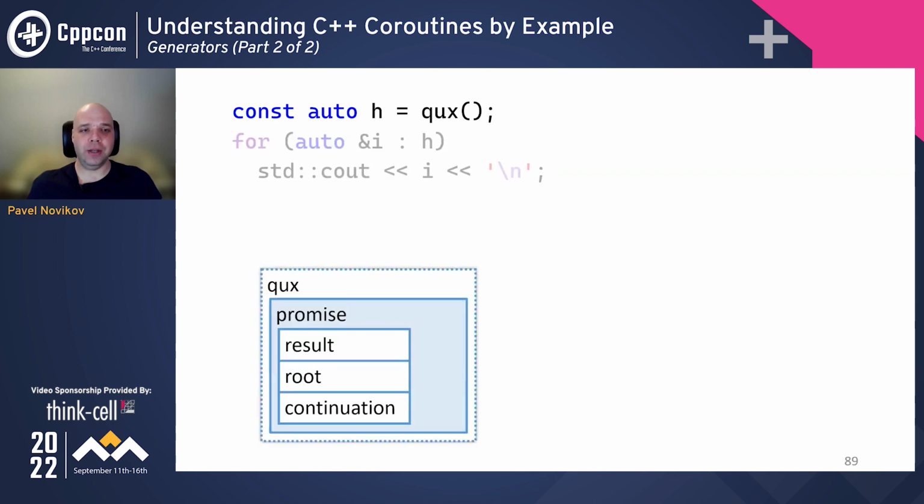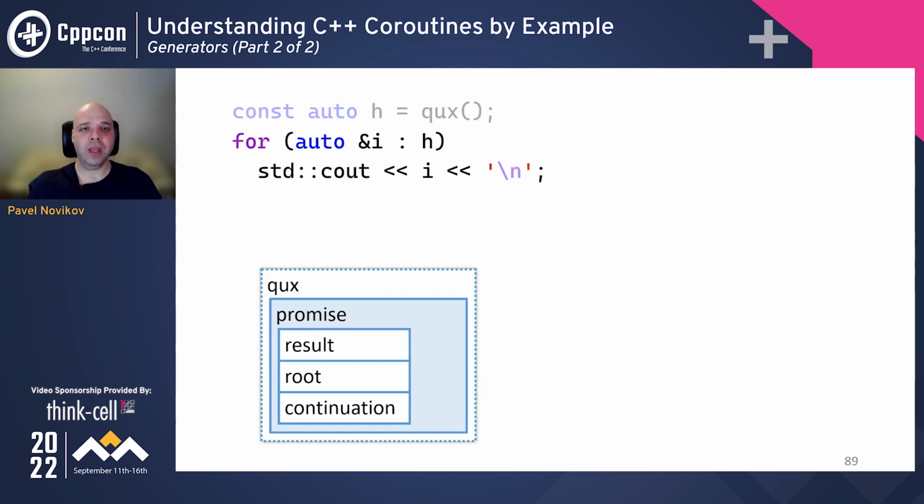At this point, a coroutine frame for cooks is created. Inside the coroutine frame, we have a promise. And inside that promise, we have a result, and we have 2 additional fields that signify the root, a kind of reference to the root generator, and the reference to the continuation. These fields are needed to track nestedness.